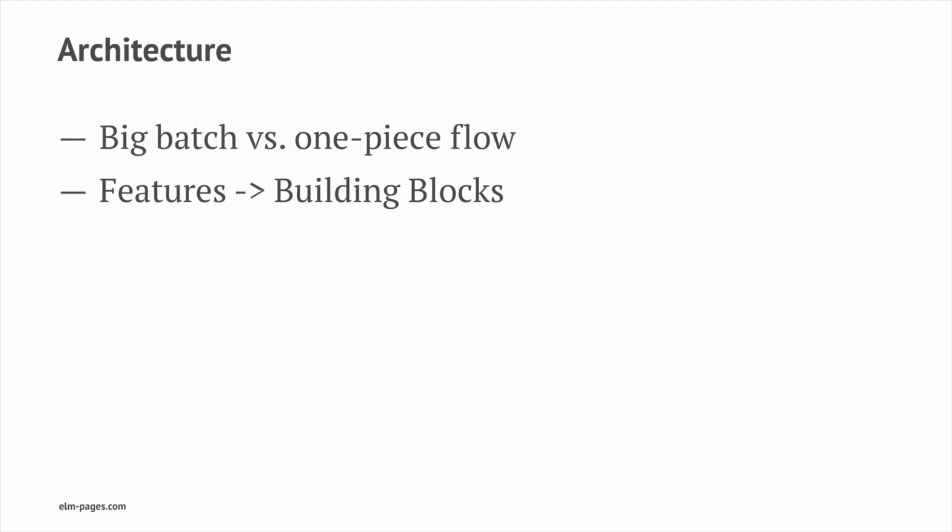Changing direction, again, removing some cruft of some features and instead having really powerful building blocks that enable you to derive those features very easily and simply. For example, the generate files API is now API routes. That is a much more powerful building block, and it's emblematic of this big batch to one piece flow direction as well.